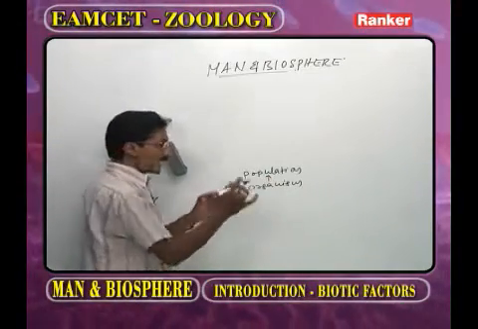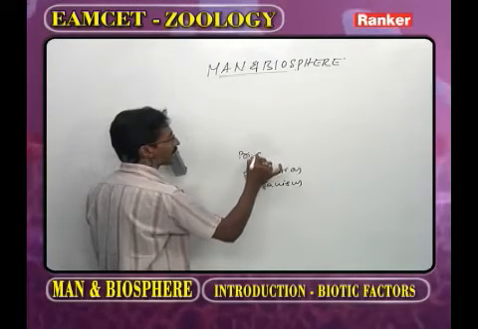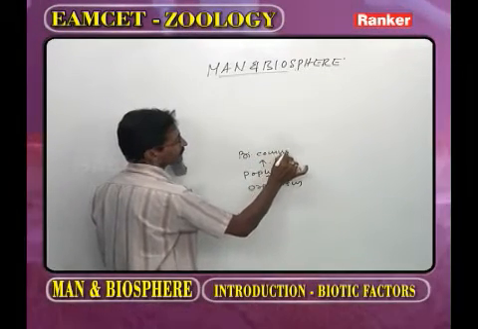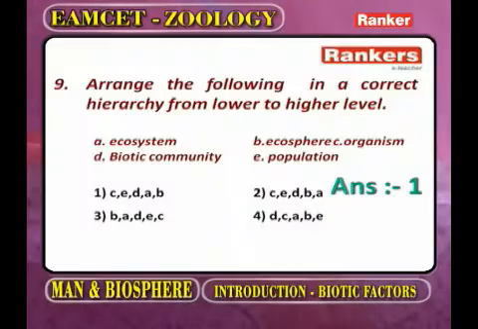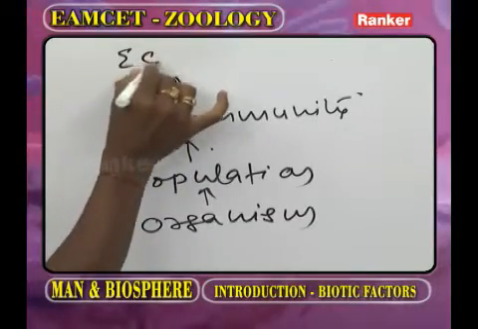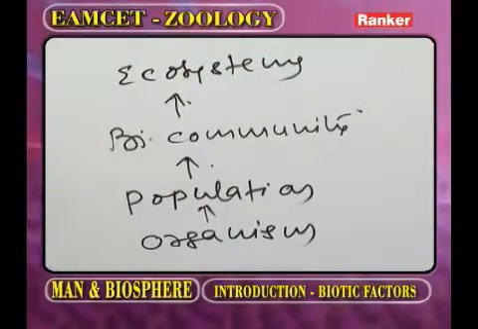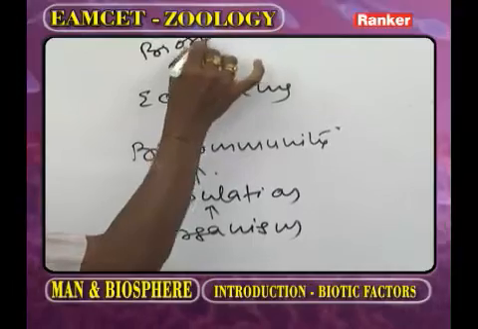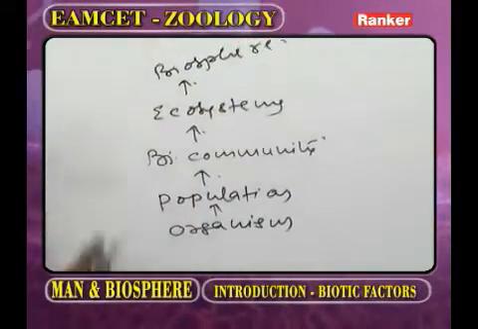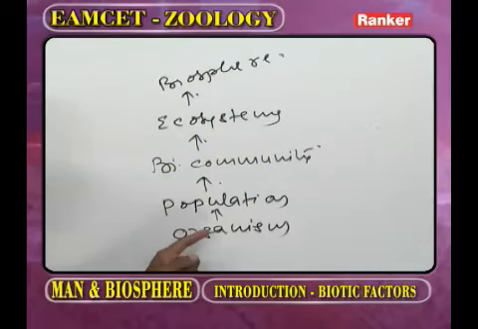An assemblage of different populations, we call a biotic community. An assemblage of different communities, we call ecosystems. An assemblage of different ecosystems, we call the biosphere. What is the other name of biosphere? That is ecosphere.